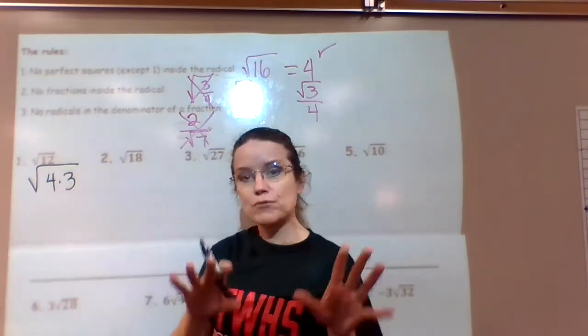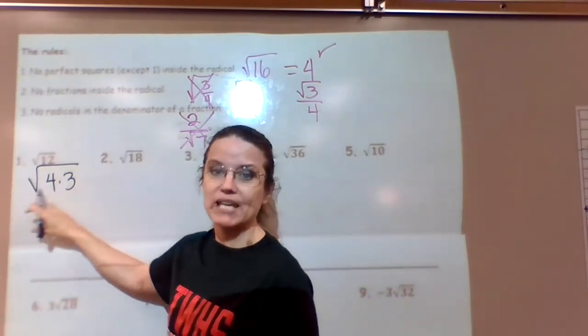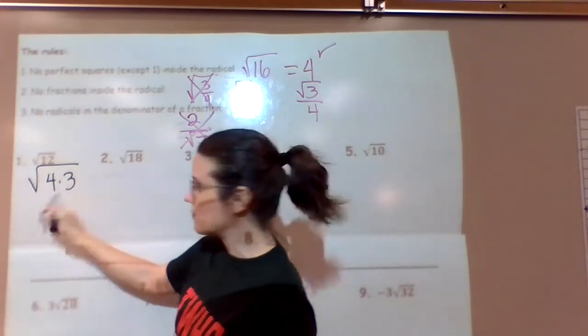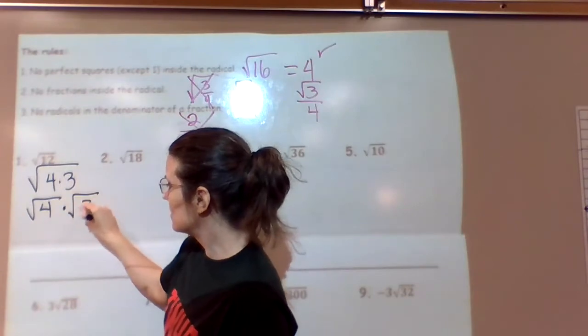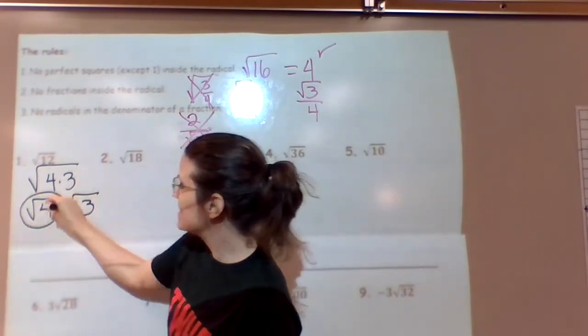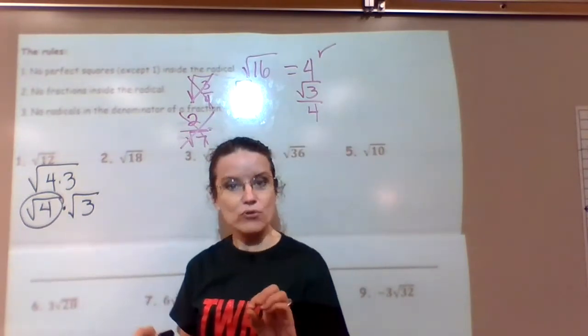Now, our rules for radicals allow us to split up multiplication under a radical. So the square root of 4 times 3 is really the square root of 4 times the square root of 3. And now I can take this perfect square that's in that radical and simplify that portion of it.